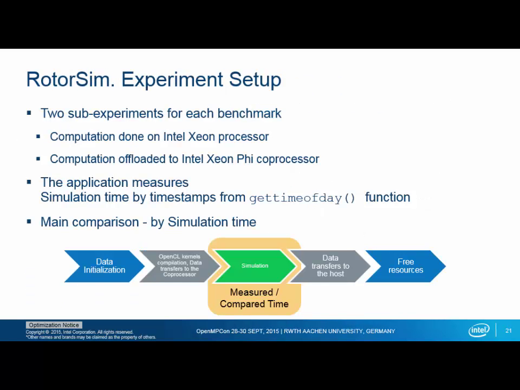After that, we started working on a real application called RotorSim. Again, it's a multi-grid CFD code targeted at simulating the work of helicopters. And again, we set up two experiments, one for Xeon and the second one for Intel Xeon Phi. We compared and measured only simulation time, since it is hard with the existing implementation to capture data transfer time.